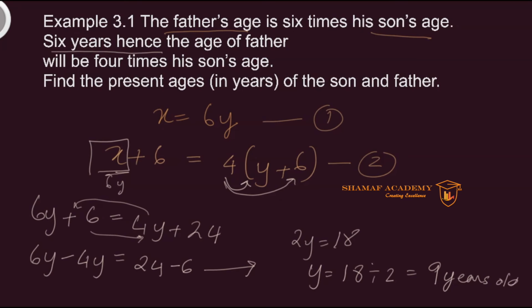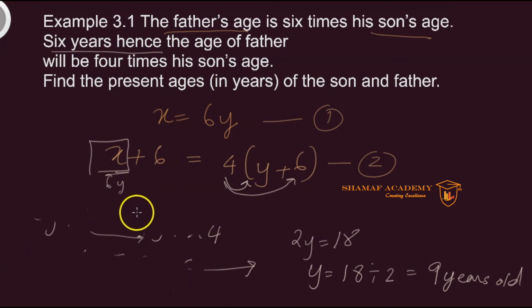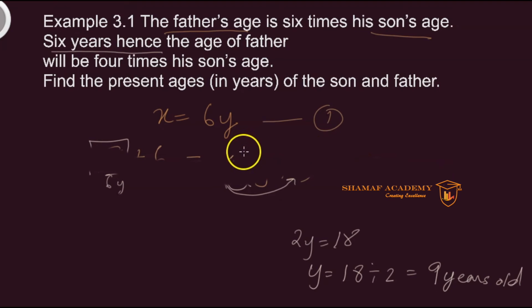Okay, let me erase this so we can calculate the father's age. Coming back to equation number 1, we see x equals 6y, right?